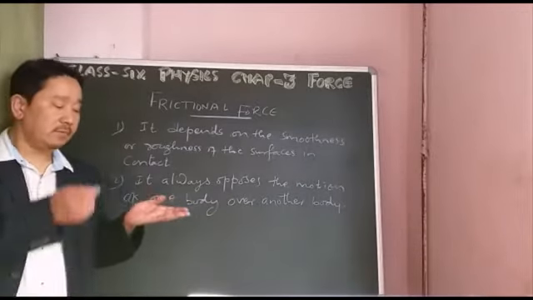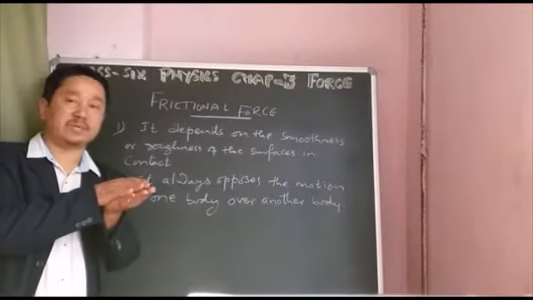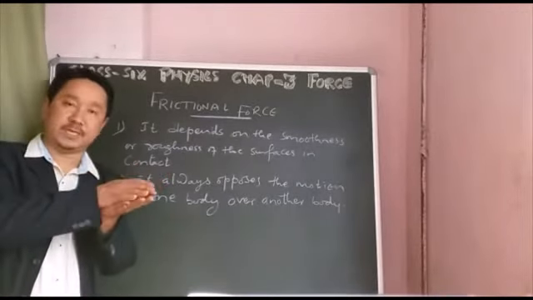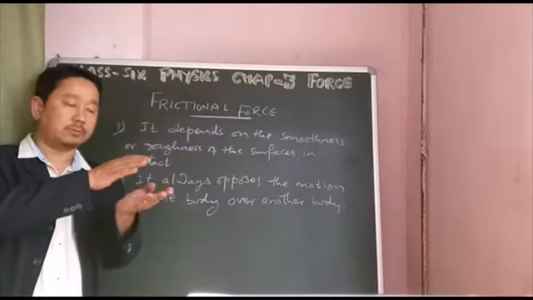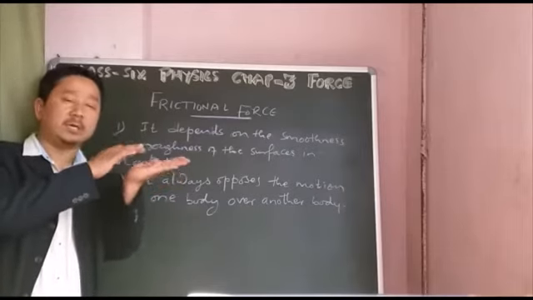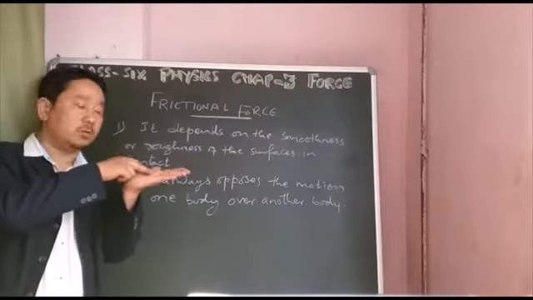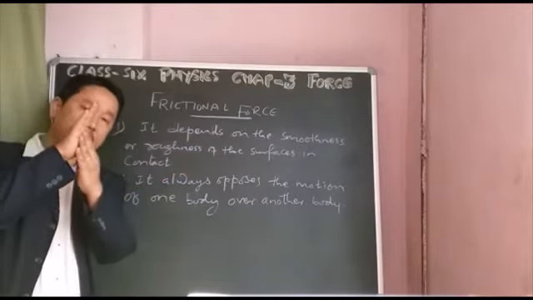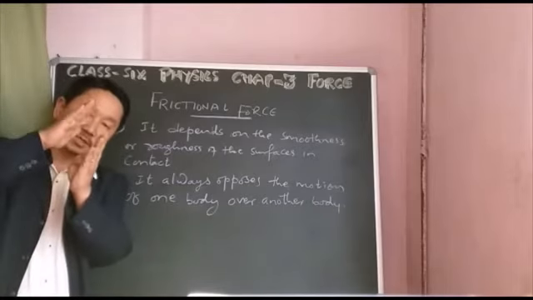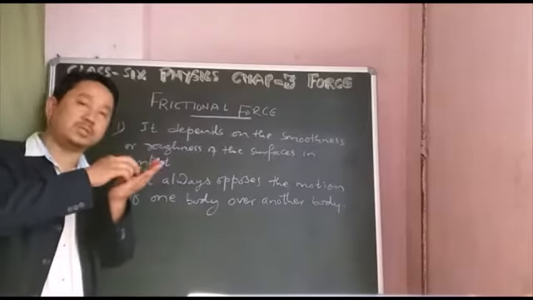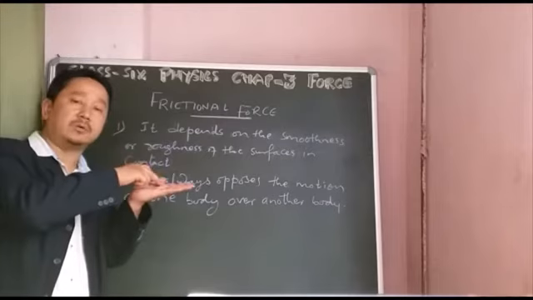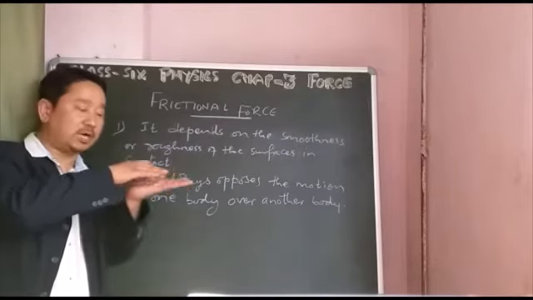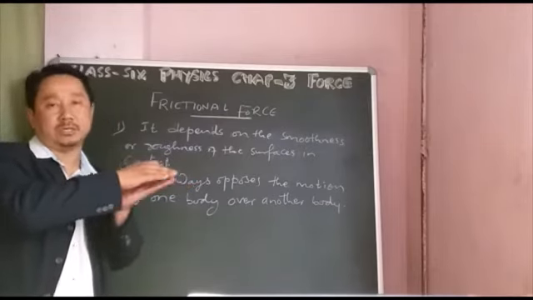See, suppose, because two surfaces means here the two objects. So here always the surface of this body will oppose the motion of this object, and the surface of this object will oppose the motion of this another body. So that way they oppose each other.